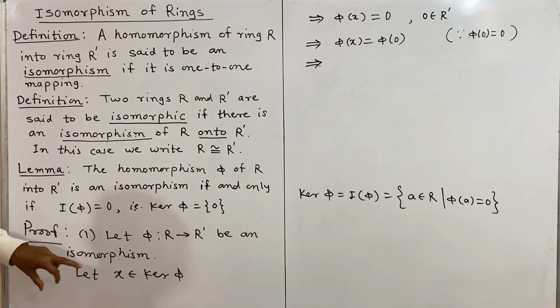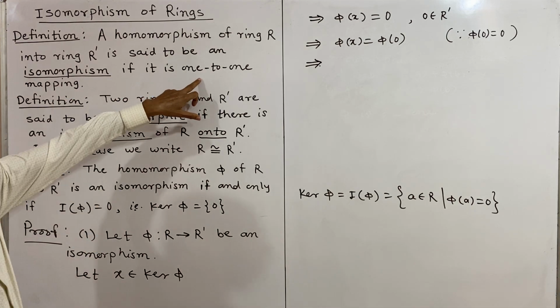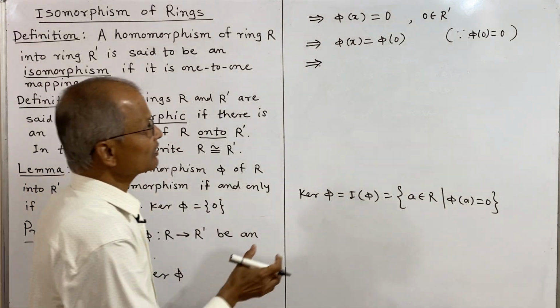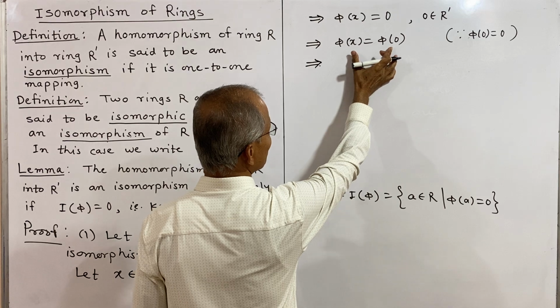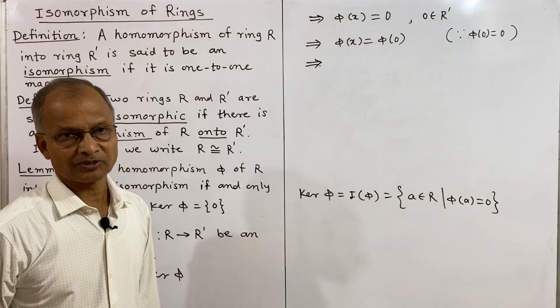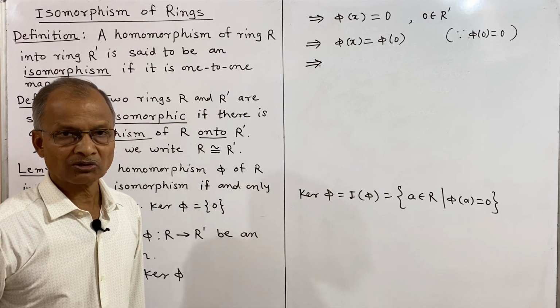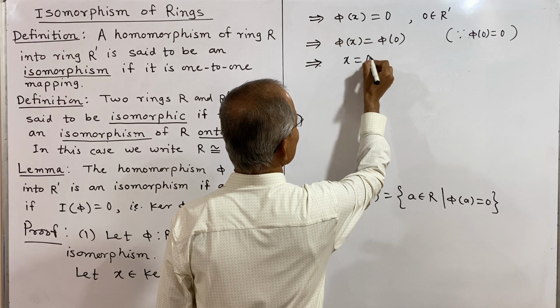Now see, phi is an isomorphism, and therefore phi is 1 to 1. Because the mapping phi is 1 to 1, phi of x equal to phi of 0, that is, their images being equal, implies their inverse images are equal. That is the definition of a 1 to 1 mapping, and therefore x is equal to 0.